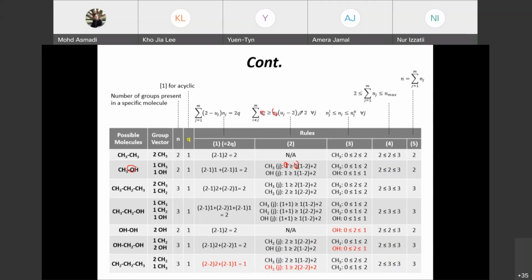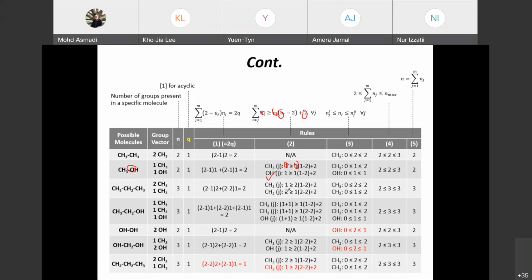And then 1 minus 2, because the valence for the CH3 is 1, plus 2, should be more than or equal to 1. 1 minus 2 is equal to negative 1. Negative 1 times 1, negative 1 plus 2 equals 1. So it's feasible. Similarly, you can do it for OH.